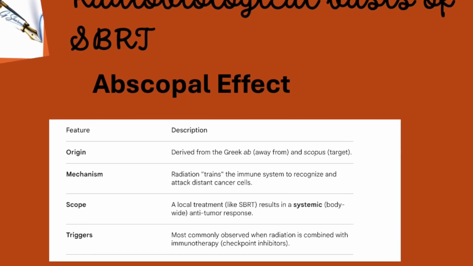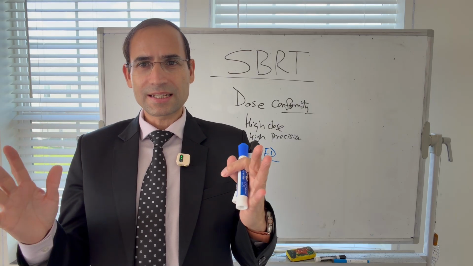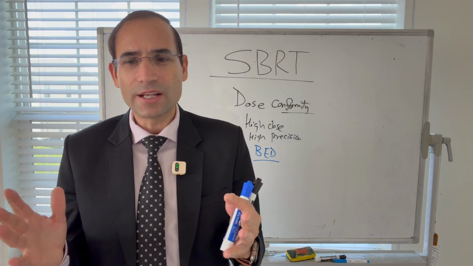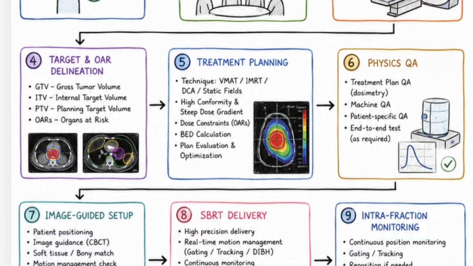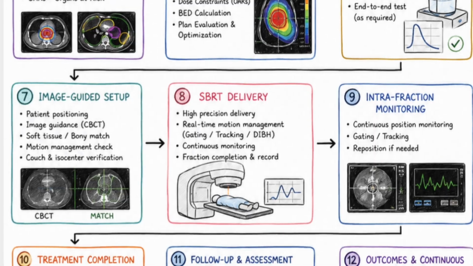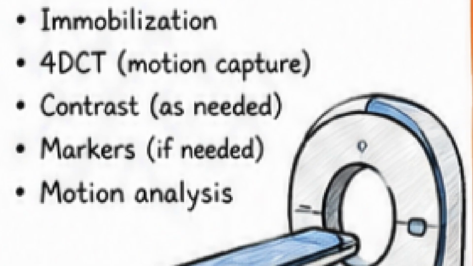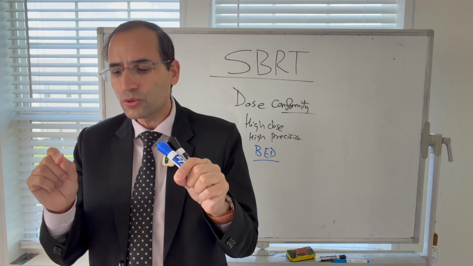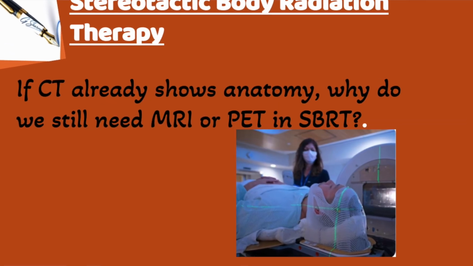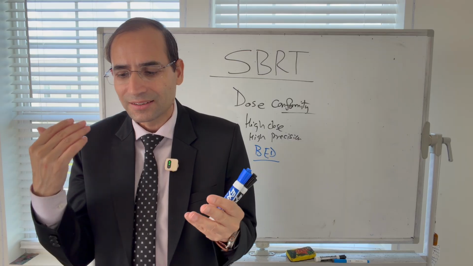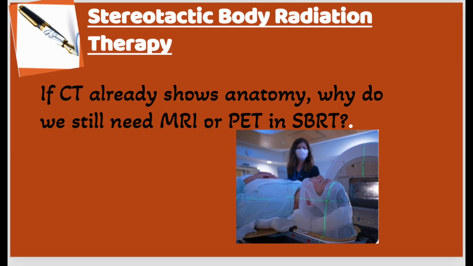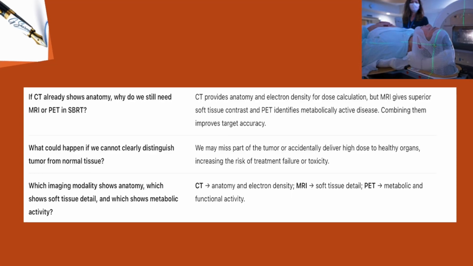So the first step for SBRT is the simulation again. This is where we acquire CT, MRI or PET images. So let me ask, why do you need all three sometimes? Isn't CT enough? CT gives the anatomy and electron density.